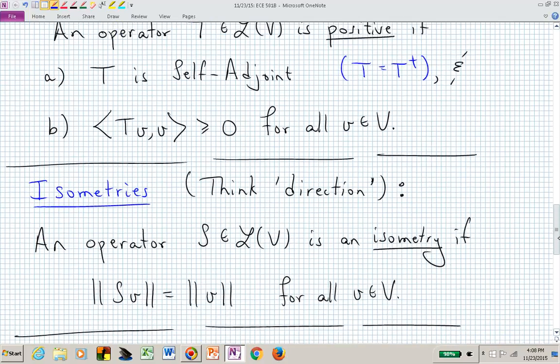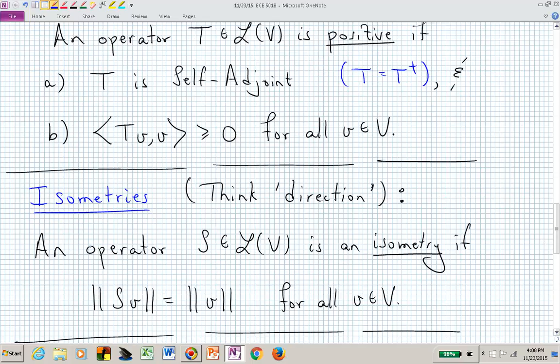If we have an isometry, then it essentially does this norm preservation. If we have this linear operator S on a vector space V, it's an isometry if the norm of SV is the same as the norm of that original vector V. And that's true for all vectors V in our vector space.